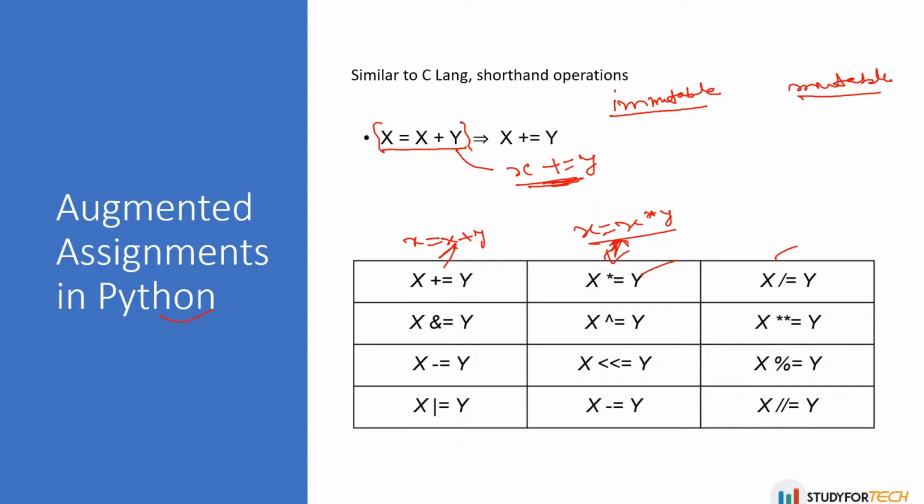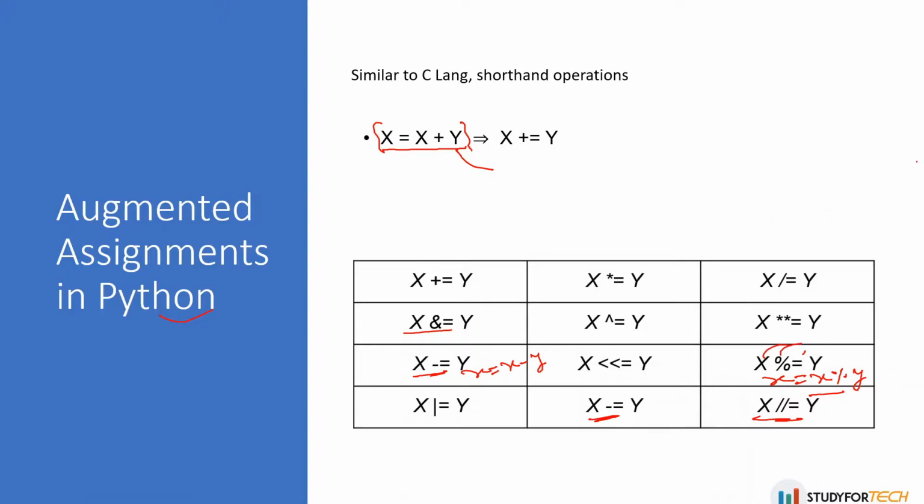Similarly, x equal to x divide y. In the same manner, x minus equal to y is nothing but x equal to x minus y. This is also the same; here also x equal to x modulus y. So these are the augmented assignments in Python.